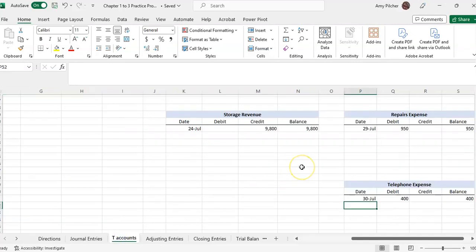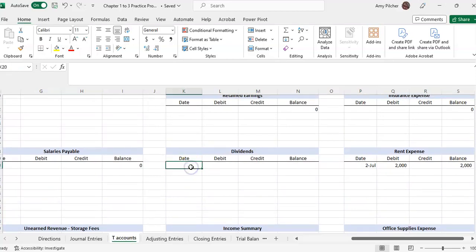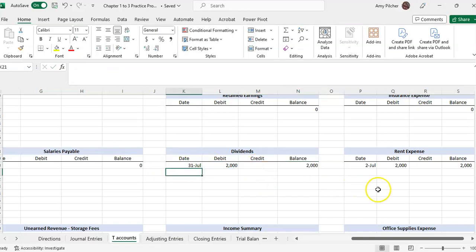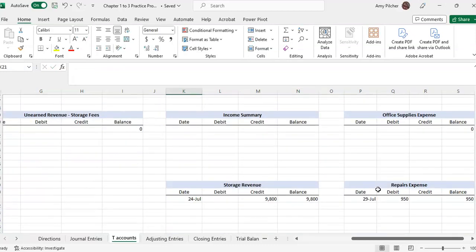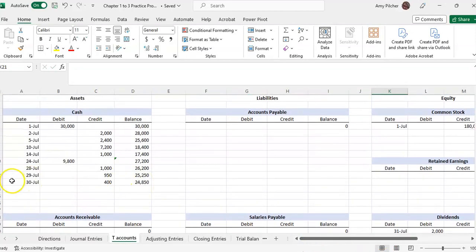So we're going to record that dividends here, July 31st. I'm going to debit dividends for $2,000. And then we're going to credit cash for $2,000.